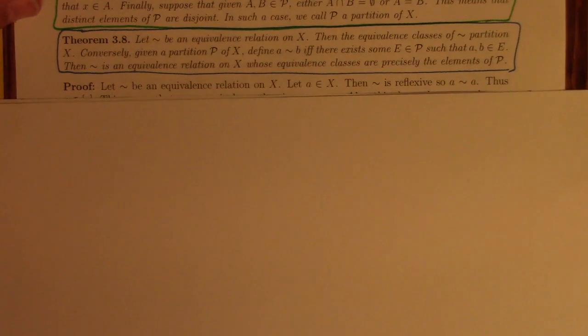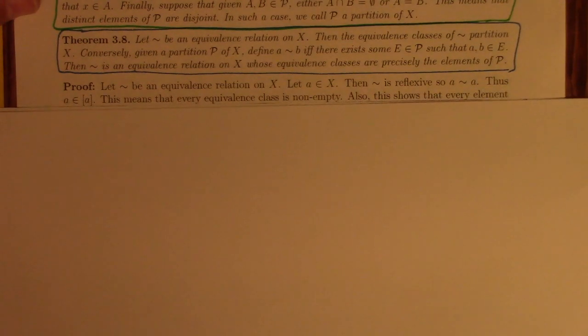So he starts by saying, let squiggle be an equivalence relation on X. So pick a point a in X. Then since equivalence relations are reflexive, that means a is related to a. Therefore, a is in the equivalence class of a. So what does that mean? That means that every equivalence class is non-empty.